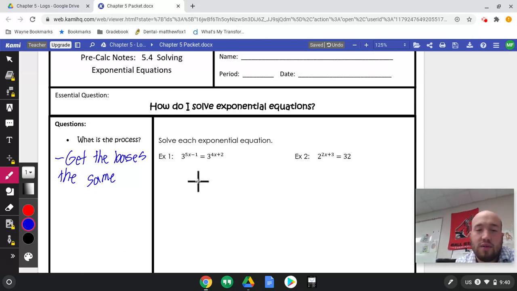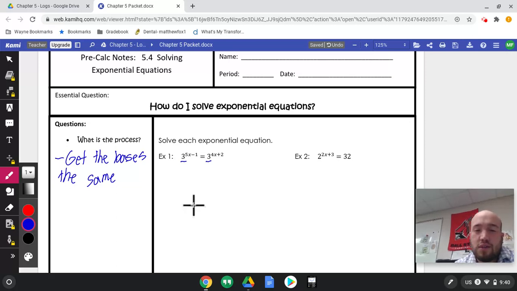On example 1, they have 3 raised to the 5x minus 1 and 3 raised to the 4x plus 2. The base is the large number, the normal size number. So in example 1, we have the base of 3 on both of those. The reason that's good is because 3 raised to the second every single time is always 9. 3 raised to the third every single time is always 27.